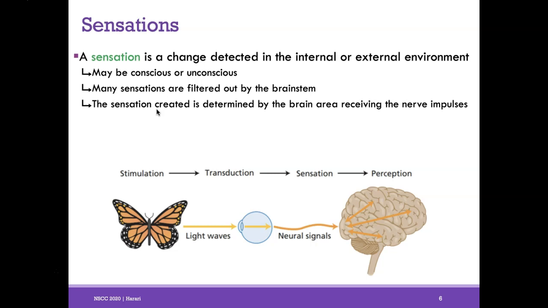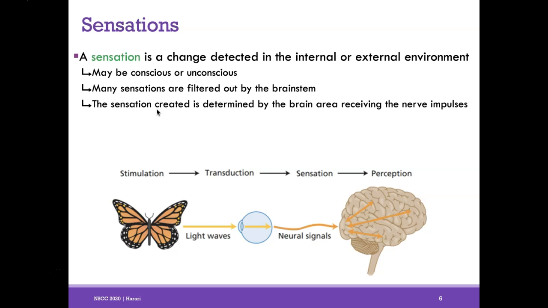And the sensation created is determined by the brain area receiving the nerve impulses. So with the olfactory sense, we're not going to have the olfactory epithelium linked to the occipital lobe, for example, right? Because the occipital lobe is responsible for visual processing.